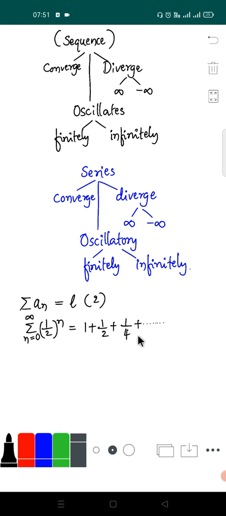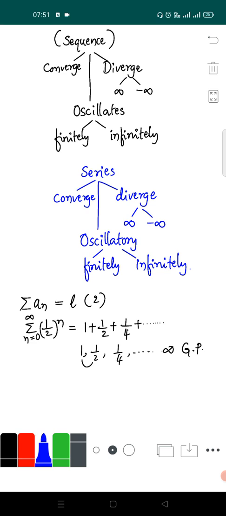We can see that it is a geometric progression, right? 1/2, 1/4 and so on, it is an infinite geometric progression, infinite GP it is called.